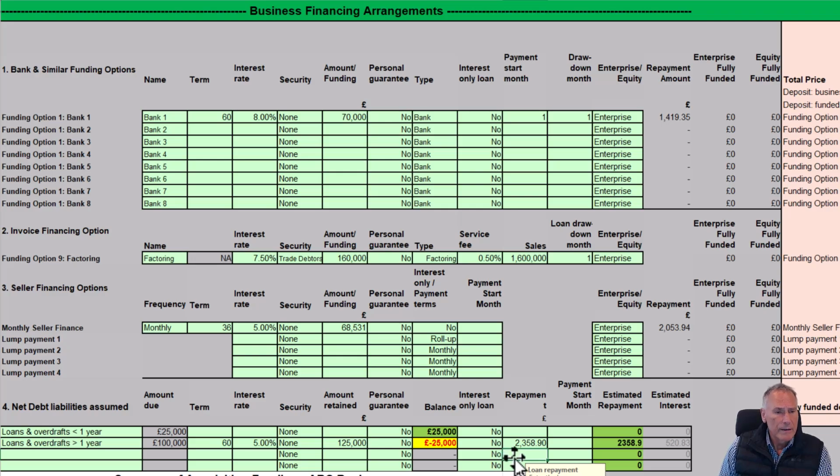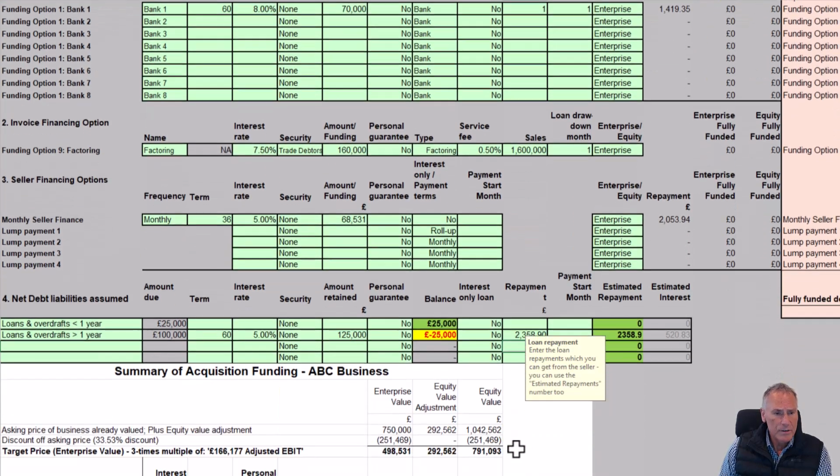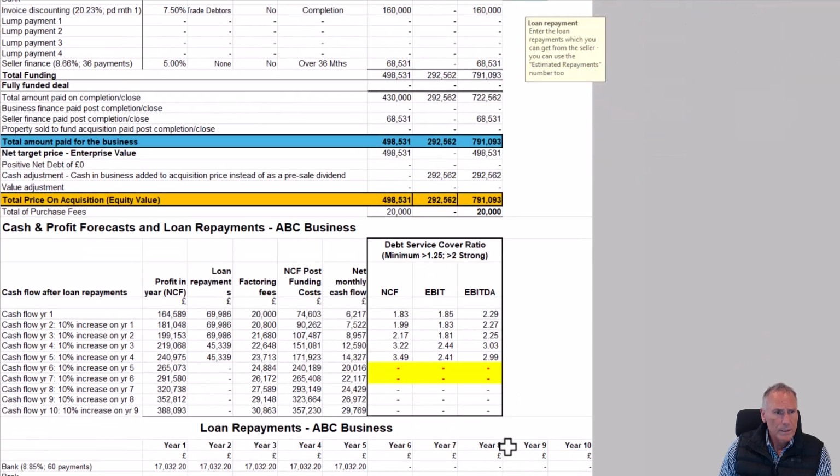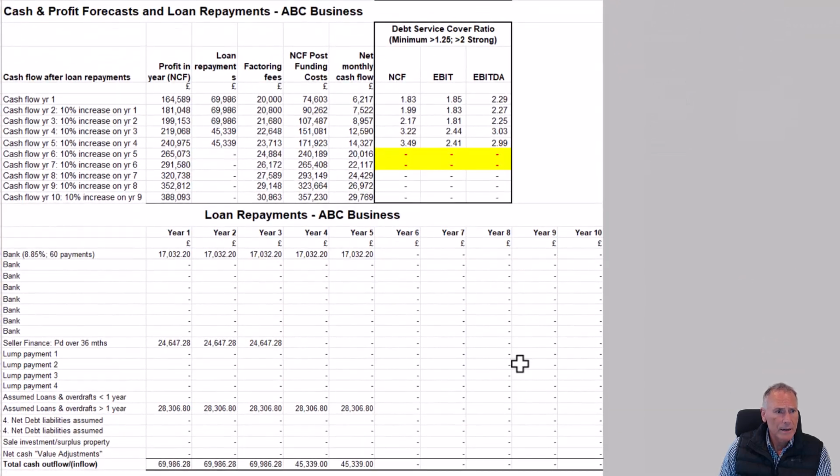So now that I've entered that information, I can scroll down to look at our debt service cover ratio and our loan repayments report. So you can see that the net cash flow post funding costs is slightly lower in the beginning stages because of course you've taken on these debts.